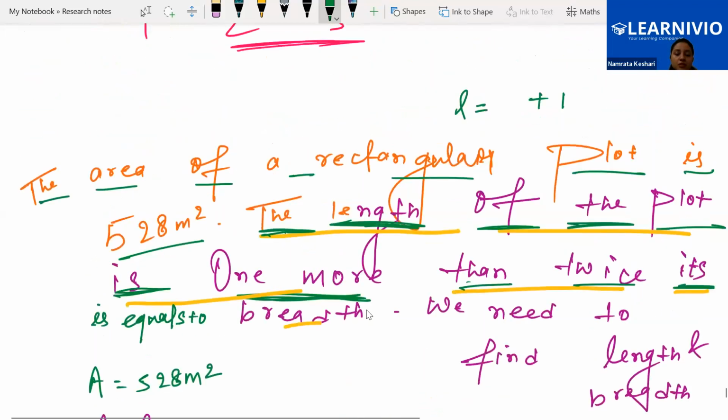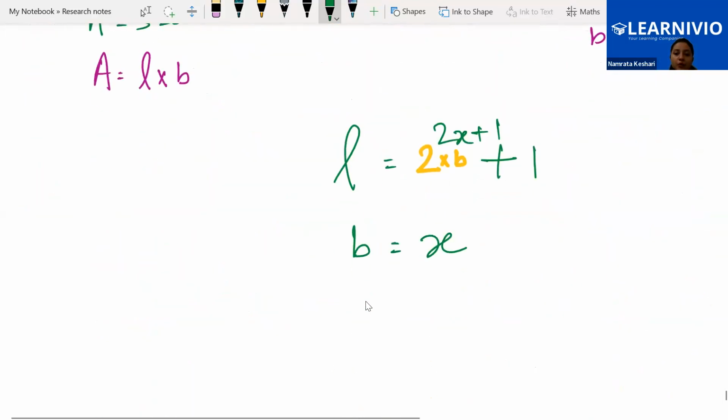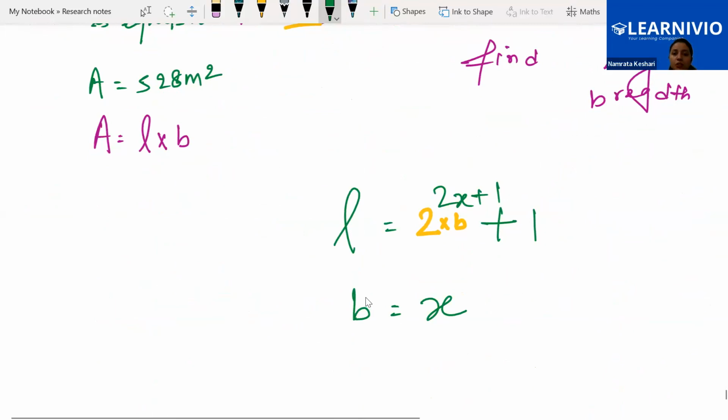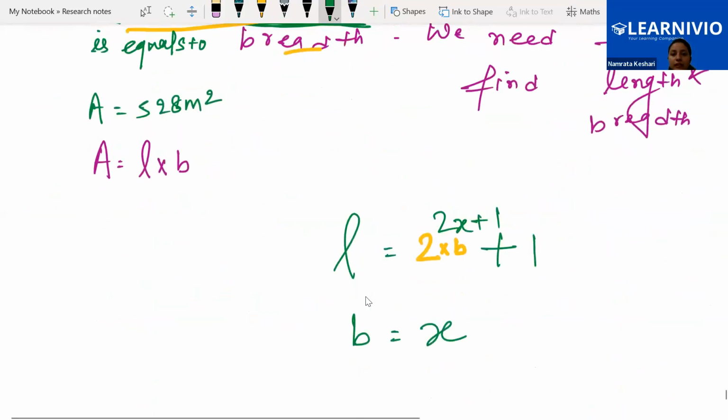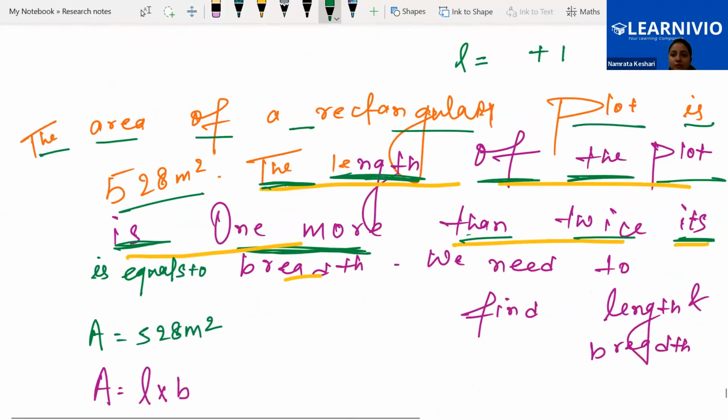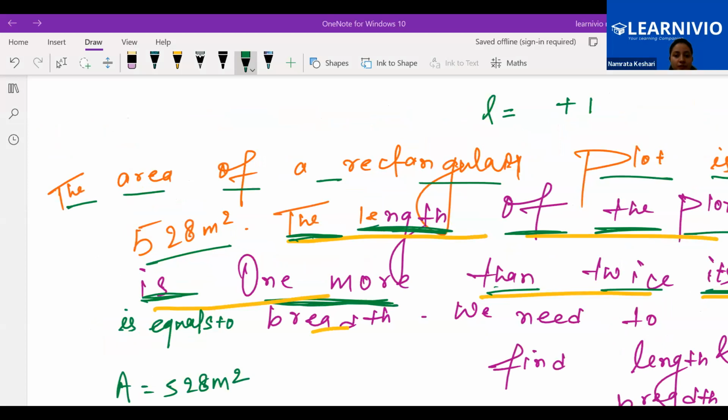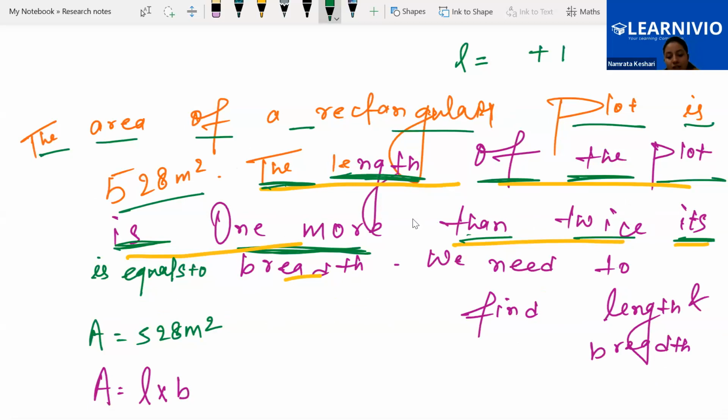Instead of x and y, we are taking both in terms of x only, because both are related to each other. Harshit has already written: we can take B as x and L as 2x plus 1. Yes, exactly. Length is dependent on breadth, so we start our assumption with the breadth.